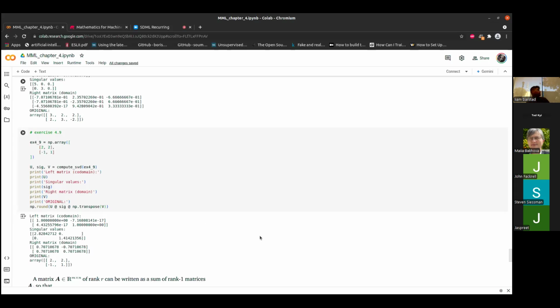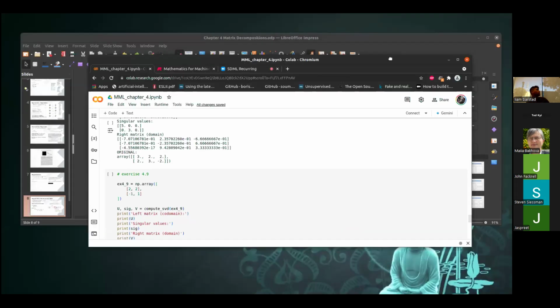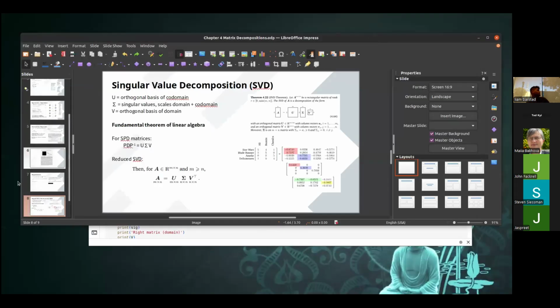One of the interesting applications of SVD so far, and I found this part really fascinating, was the rank k approximation.